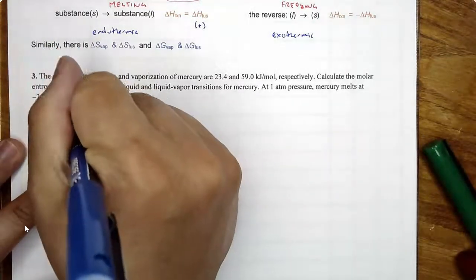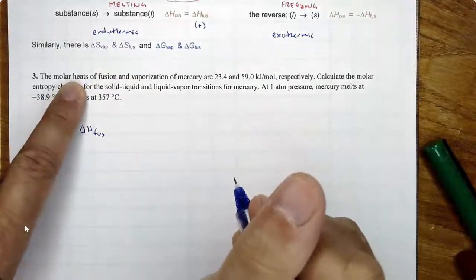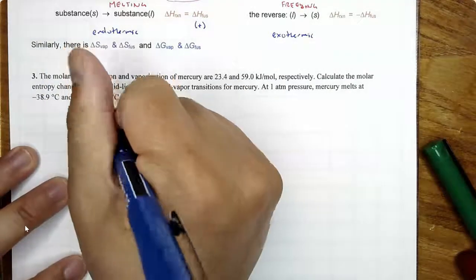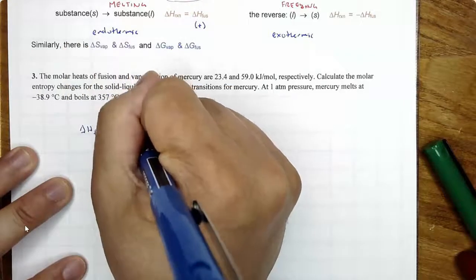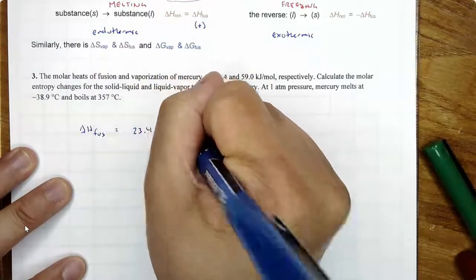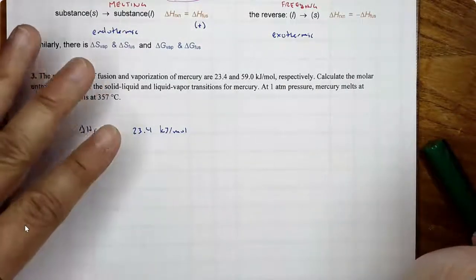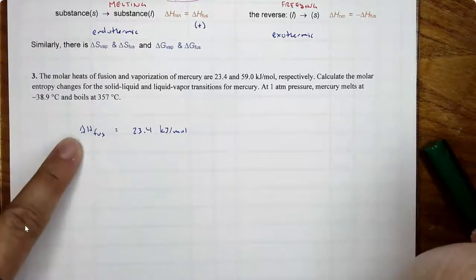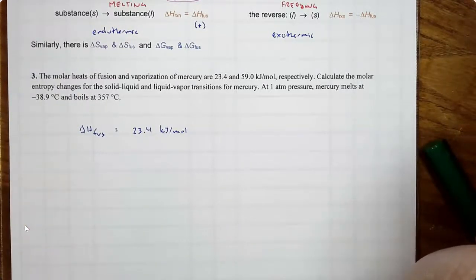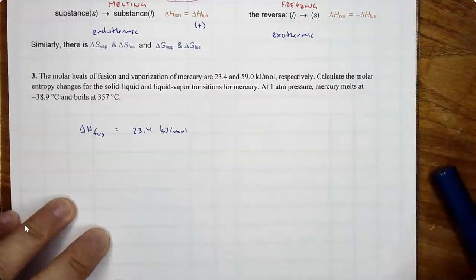For instance, delta H fusion is the molar heat of fusion, and that equals 23.4 kilojoules per mole. Restate the data in a fashion that is a little more familiar, and then maybe possibly jot down any equations that you think you may need.